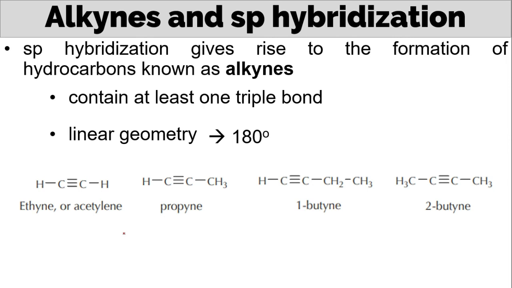Here, just remember in alkynes you have two unpaired p orbitals. That's why you form the triple bonds. If you notice, the general formula for basic alkynes is CnH2n minus 2, where n is the total number of carbon atoms.